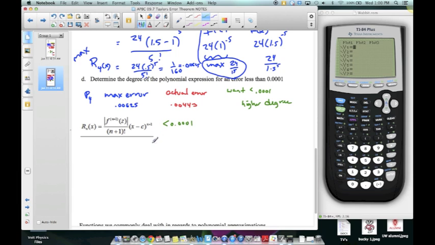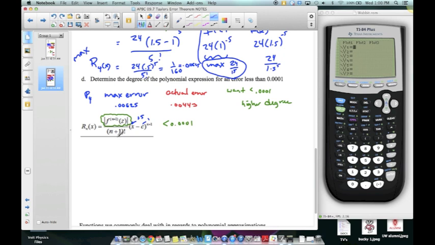And so in maximizing this expression, it comes into maximizing this expression for the derivative. The x is always going to be 1.5 and c is going to be 1, so those two numbers are going to be fixed.